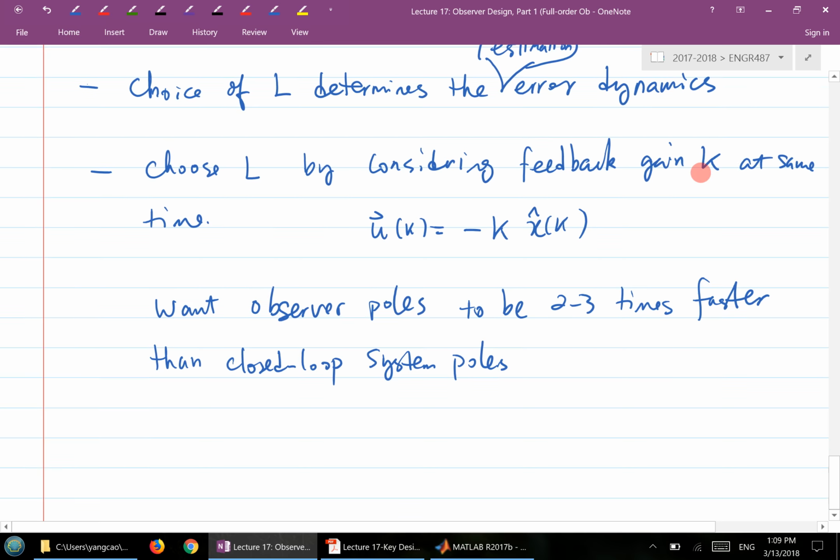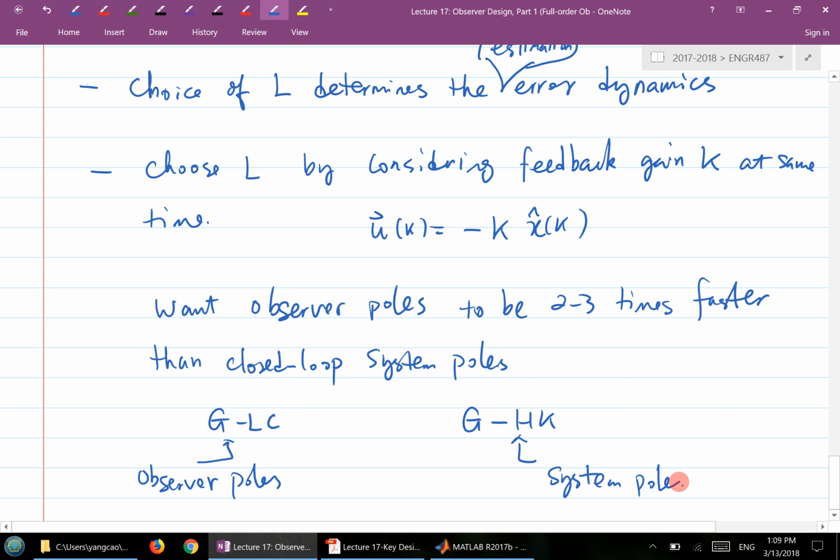You choose L, and it decides the eigenvalues, which are the poles, of G minus LC. So you have G minus LC, and you have G minus HK. Here you have the observer pole, and here you have your closed loop system pole, and you want the observer pole to be faster than the system pole. That kind of makes sense, right?